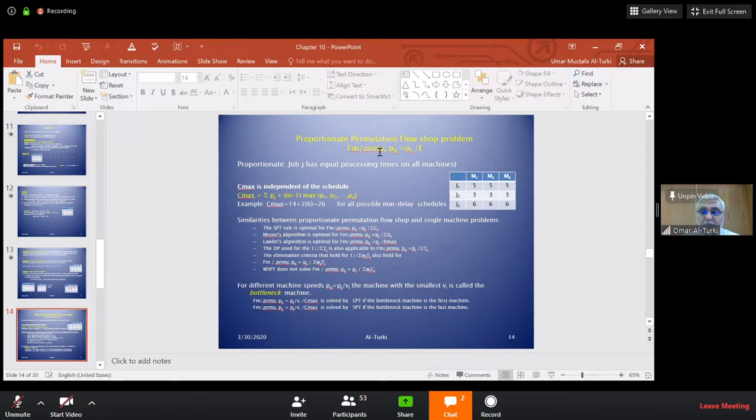For the general flow shop problem with more than 3 machines, meaning 4 machines or more, the optimum solution is not necessarily a permutation schedule. It means that you might have every machine having its own sequence. You can have machine 1 having a sequence 1, 2, 3, 4, but machine 5, for example, can have a sequence 2, 5, 4, 3, 1. Right?